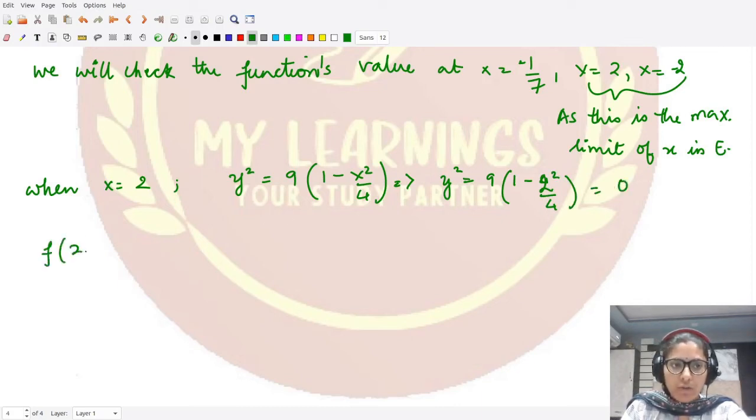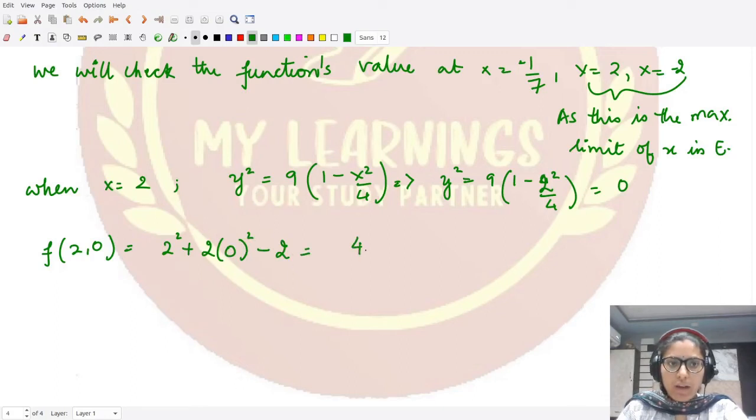So your point would be 2 comma 0. Your function was x square plus 2 times y square minus x. So you have 2 square, that is 4, plus 0 minus 2. So this value is 2. Let's mark this value by the pink color.